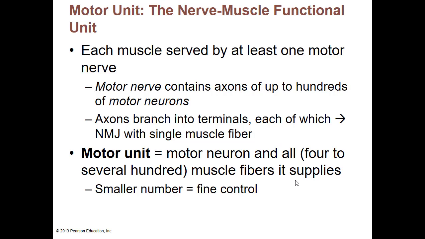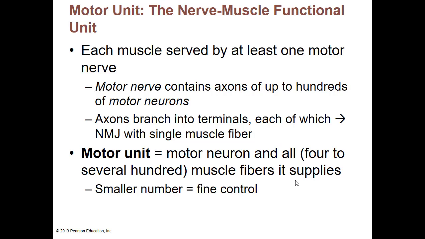Now, what we call a motor unit is one motor neuron, one cell, and all the muscle fibers it controls. Inside one muscle, you have more than one fiber. Your muscles can get quite large. There's a lot of fibers in there, a lot of cells in there. And one neuron can control many of those fibers because it branches.